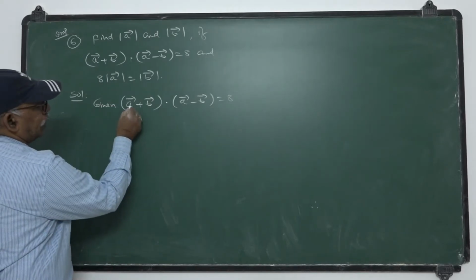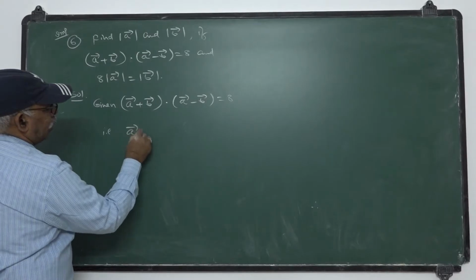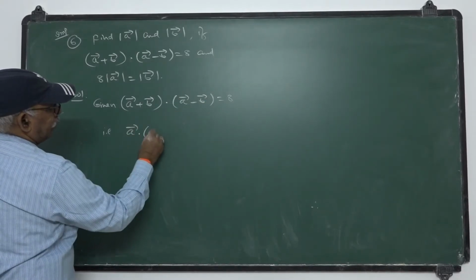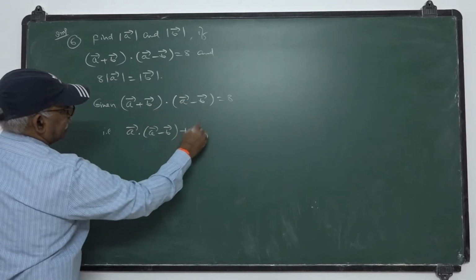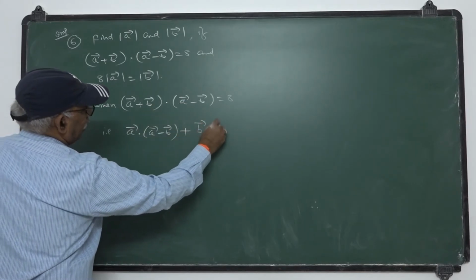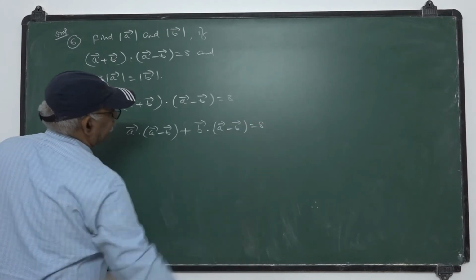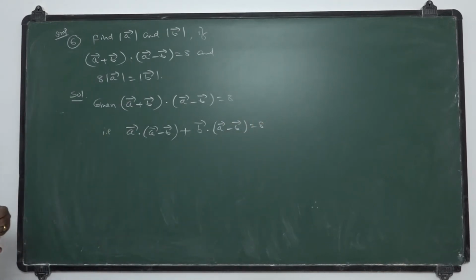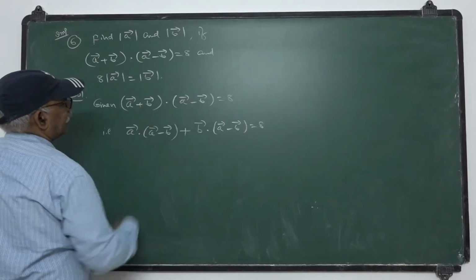So, that is A bar dot this vector A bar minus B bar, similarly plus B bar dot A bar minus B bar is 8. I am applying the distributive law of the dot product with vector addition or vector subtraction.